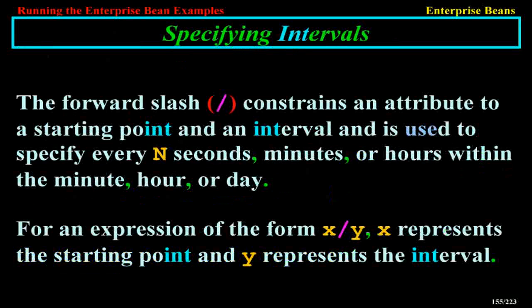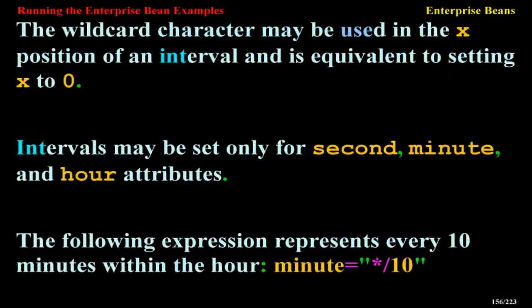Specifying intervals. The slash constrains an attribute to a starting point and an interval, and is used to specify every n seconds, minutes, or hours within the minute, hour, or day. For an expression of the form x/y, x represents the starting point and y represents the interval. The wildcard character may be used in the x position of an interval and is equivalent to setting x to 0.